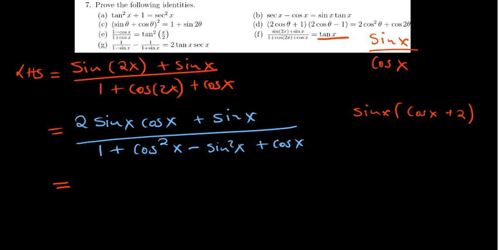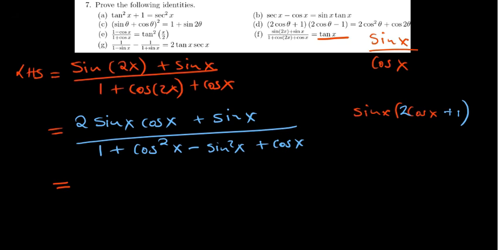You're going to remain with 2 cosine of x for the first part, and then the other part will just be plus 1. Now the question is, is there any possibility that on the bottom, if we factor out cosine of x, we remain with also 2 cosine of x plus 1? I think that is the question we have here.